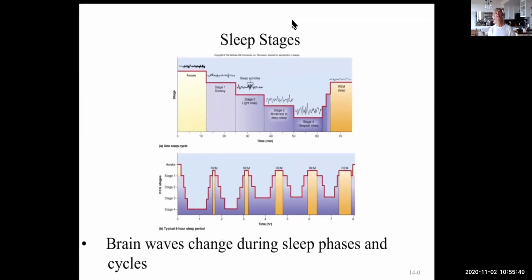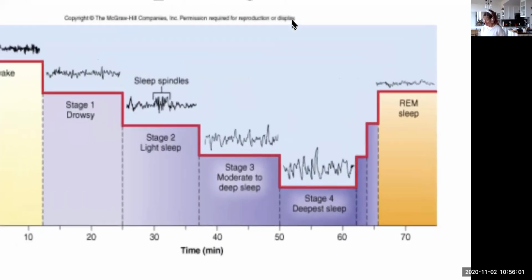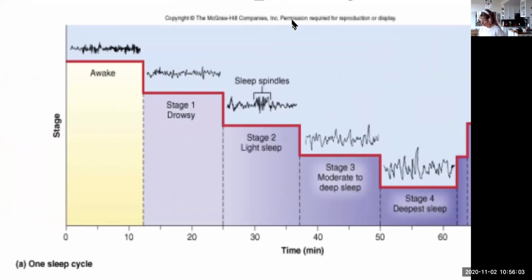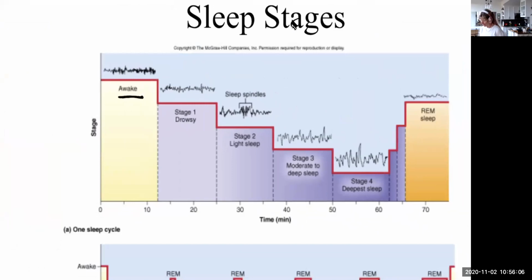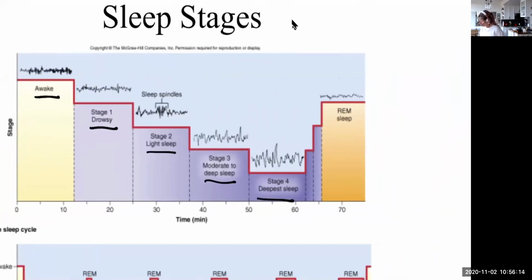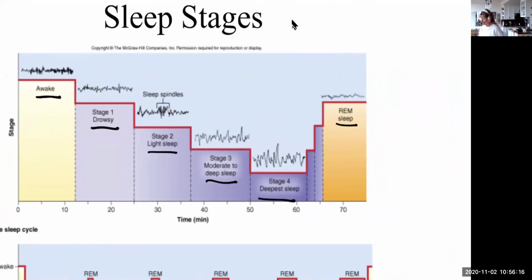Sleep has different stages. And brain waves change during those phases and cycles of sleep. So the stages are, first you're fully awake, drowsy, light sleep, deep sleep, very deep sleep, and then REM sleep, rapid eye movement.